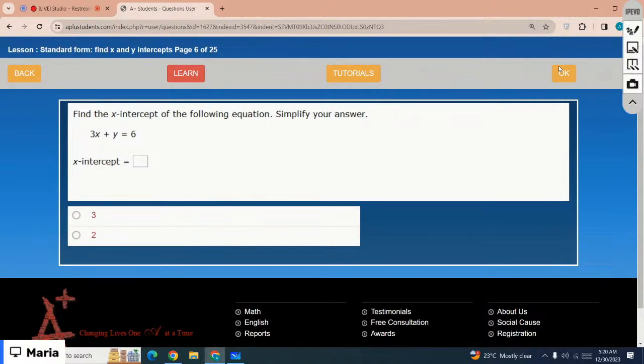That means you need to put y equals 0, right? Yes, the correct option is 2.